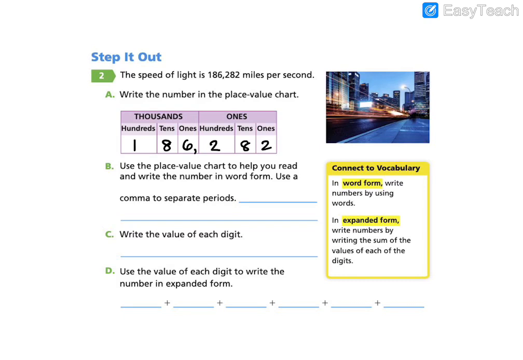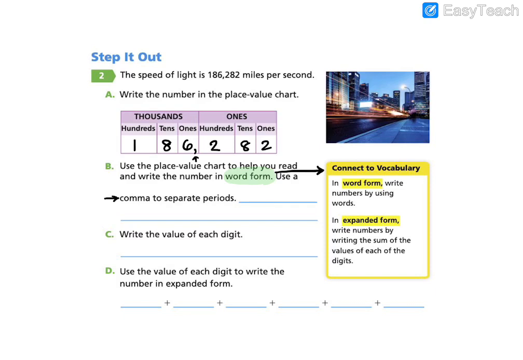So now let's take a look at B. Use the place value chart to help you read and write the number in word form. Use a comma to separate periods. Again, if we see this vocabulary word here, word form, we're going to go ahead and reference our vocabulary to the side. In word form, write the numbers by using words. Essentially, it's how we say it. 186,282. Now here it tells us we need to use a comma to separate the periods.